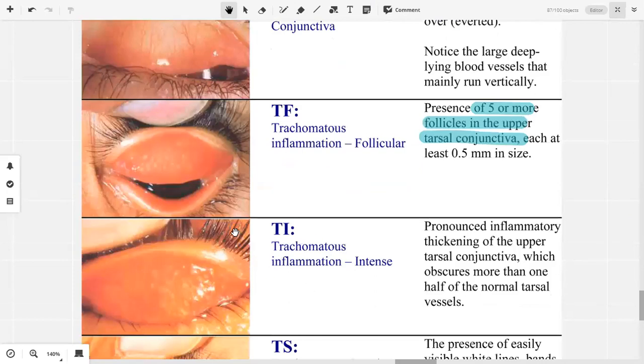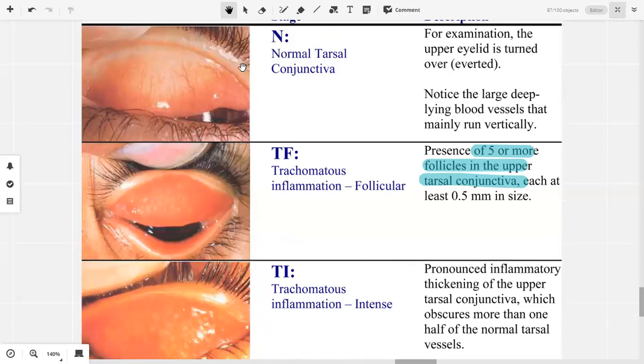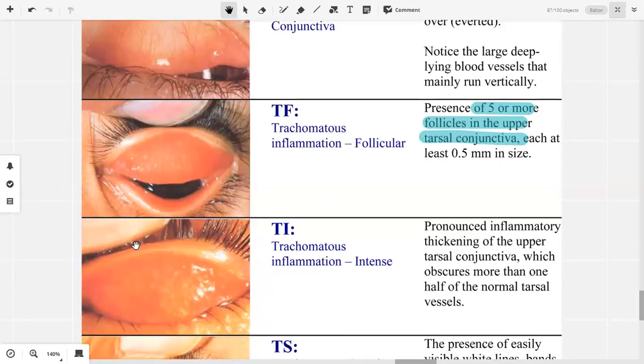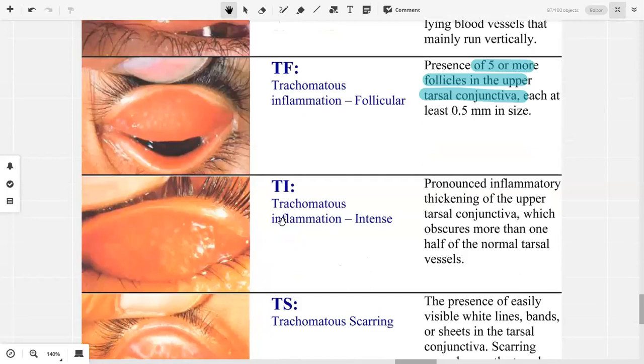It means that we are not able to appreciate the normal vasculature. When we evert the upper lid, we see all these branching vessels. If you're not able to see them, it means that there is intense inflammation. And if that intense inflammation obscures more than half of the normal vessels, this is stage TI, intense inflammation.